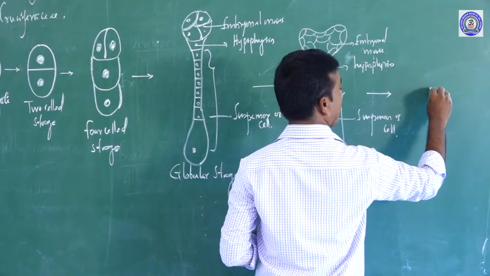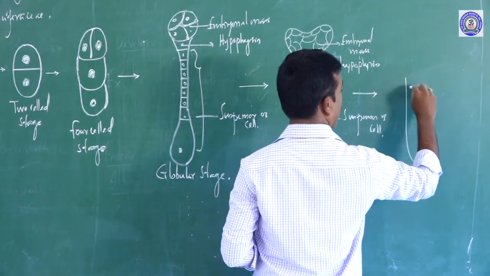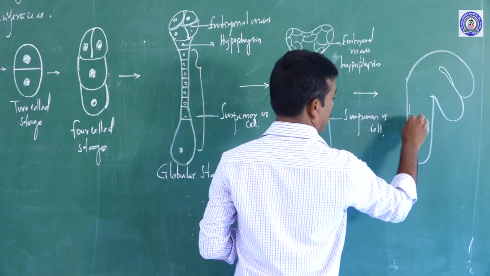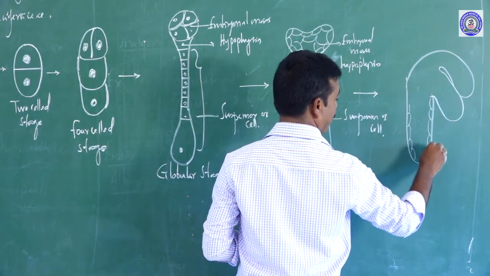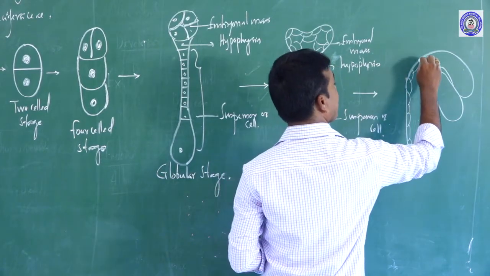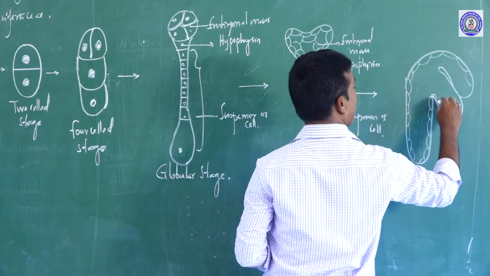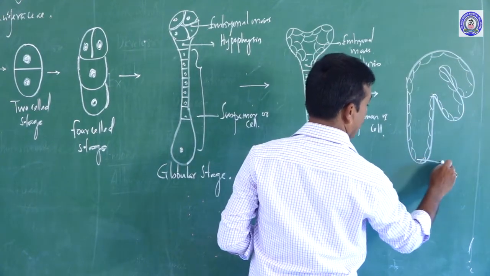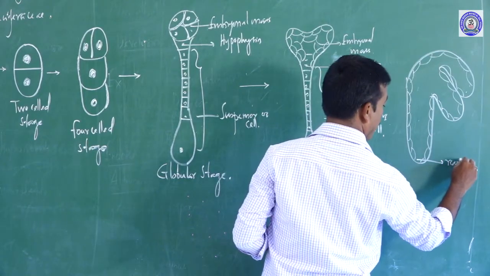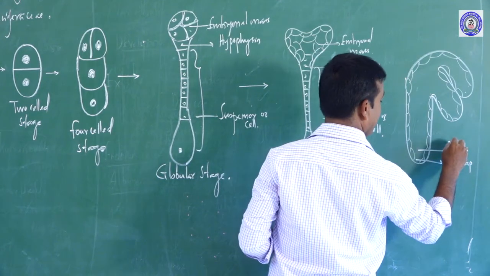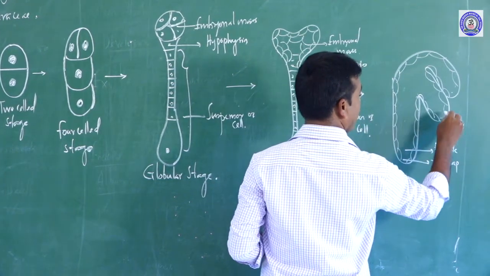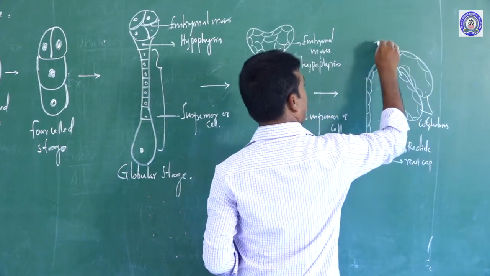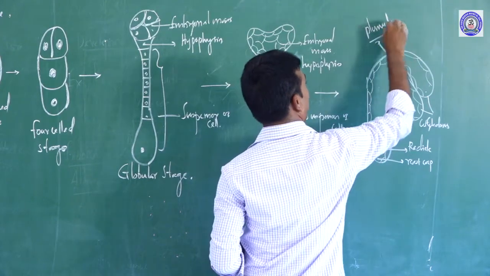In that mature embryo structure, many different components exist, namely: this is the root cap, this is the radicle, these two are the cotyledons, and this is the plumule.